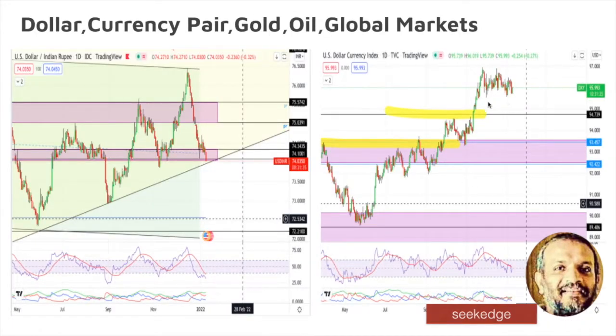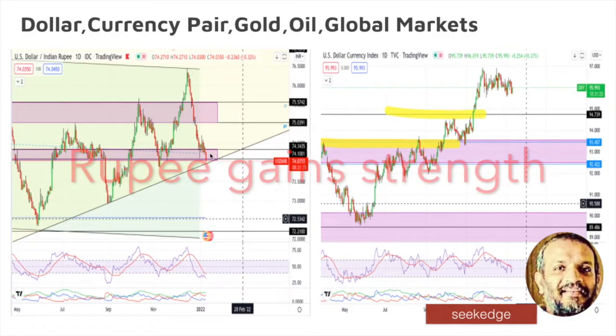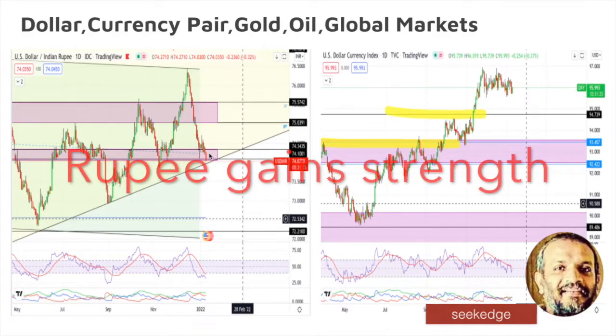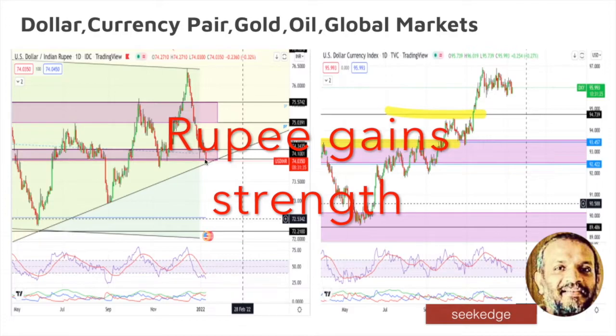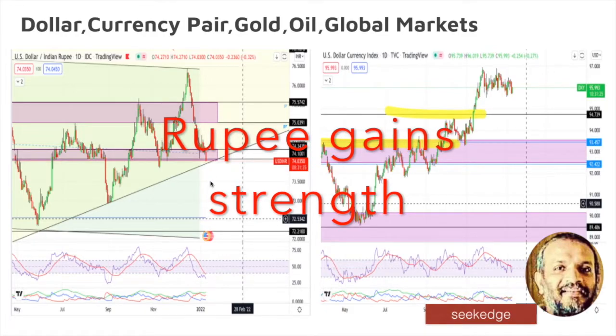Dollar index is consolidating and hovering around this range. Today there was some dollar strengthening in the dollar index, but the USD INR currency pair is falling. Rupee is strengthening, and it has fallen off the major support, right? Whether it will fall away from this channel support is something you'll have to see.